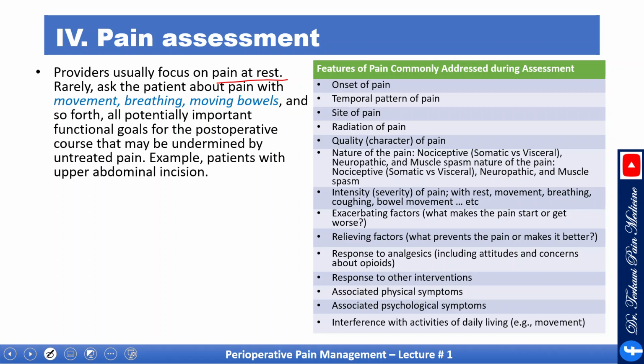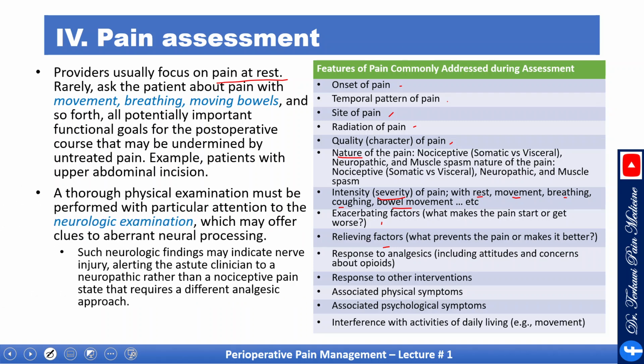So when you go and ask about pain, you need to know the onset, temporality, site of pain, radiation, quality, and nature of pain, whether nociceptive, neuropathic, muscle spasm, etc. Intensity and severity, again with rest, movement, breathing, coughing, bowel movement, exacerbating factors, relieving factors, response to analgesic, response to other interventions, associated physical symptoms, associated psychological symptoms, and interference with daily activity.